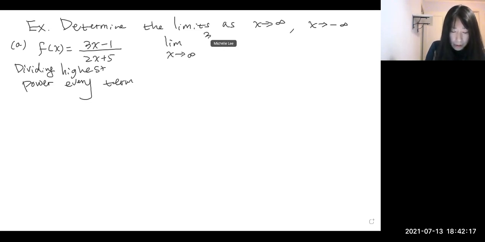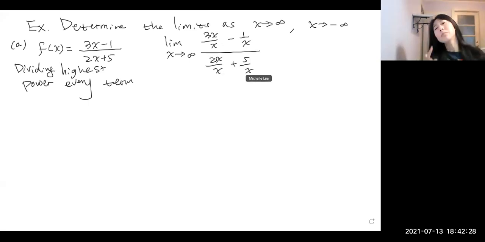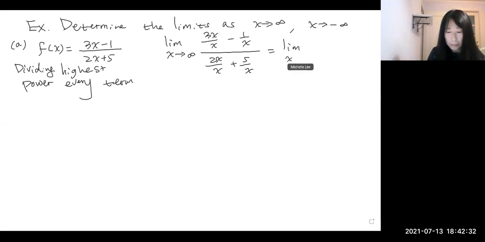Now 3x over x minus 1 over x, over 2x over x plus 5 over x. Okay, now we simplify, and then we get 3 minus 1 over x, over 2 plus 5 over x.